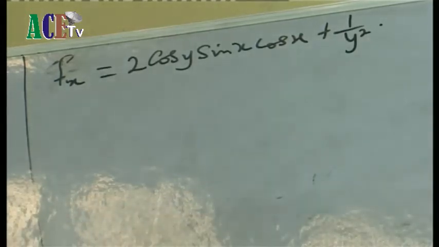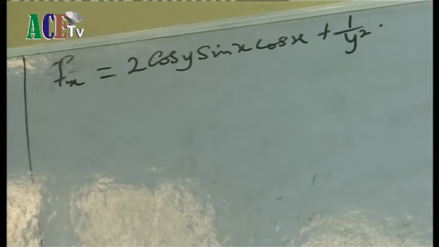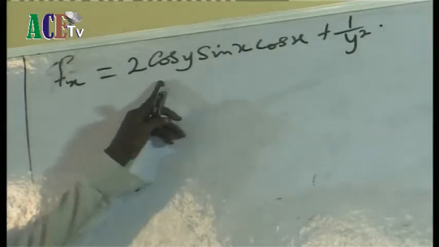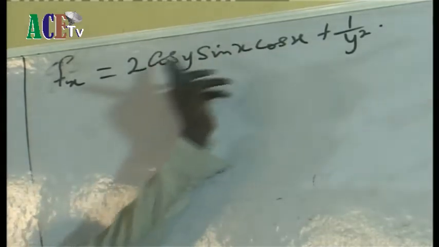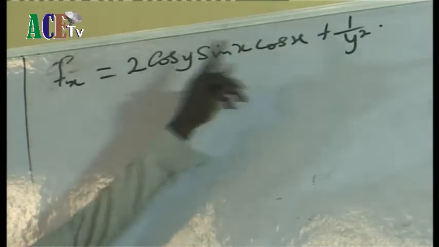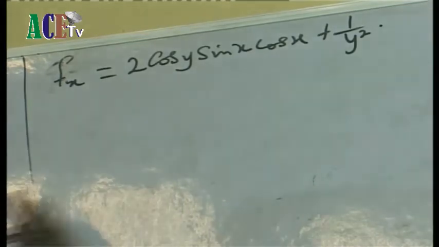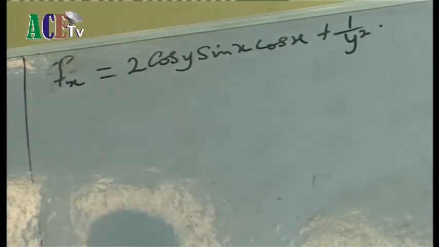And that is the derivative of that function with respect to x. This one can be written in any way. If somebody writes 2 sine x cos y, somebody writes 2 cos x sine x cos y, they are the same because it's a product. Then this one, leave it like that.